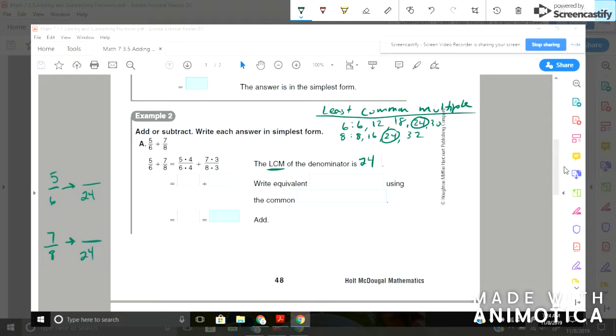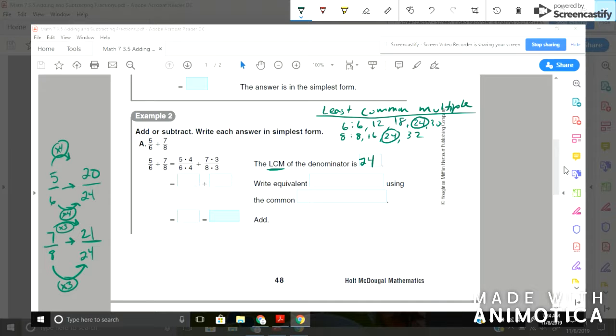Okay, the way I can do that is ask myself, how did I go from 6 to 24? Well, I just multiply by 4, and whatever I do on the bottom, I also have to do on the top. So 5 times 4 will give me a total of 20. And in this fraction, 8 to 24, I multiply by 3. So 7 times 3 on top will give me 21.